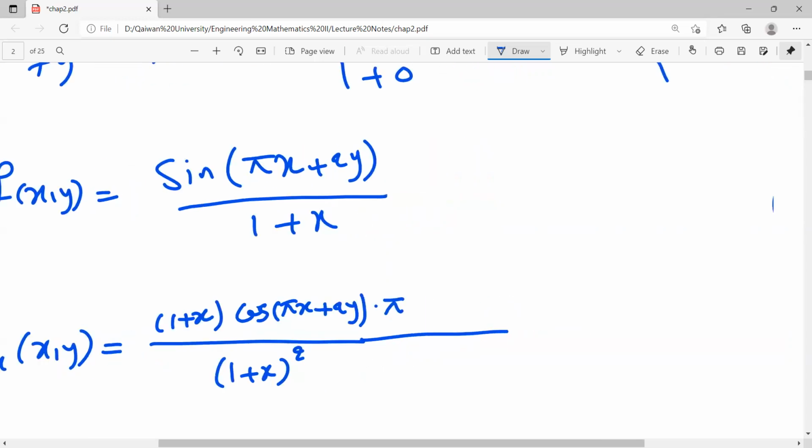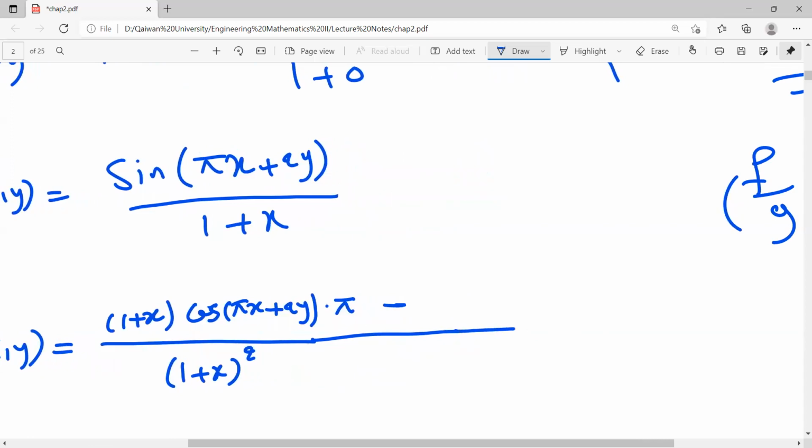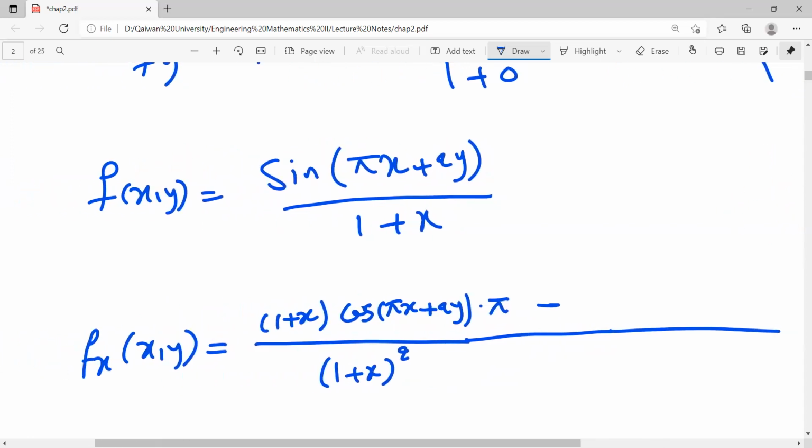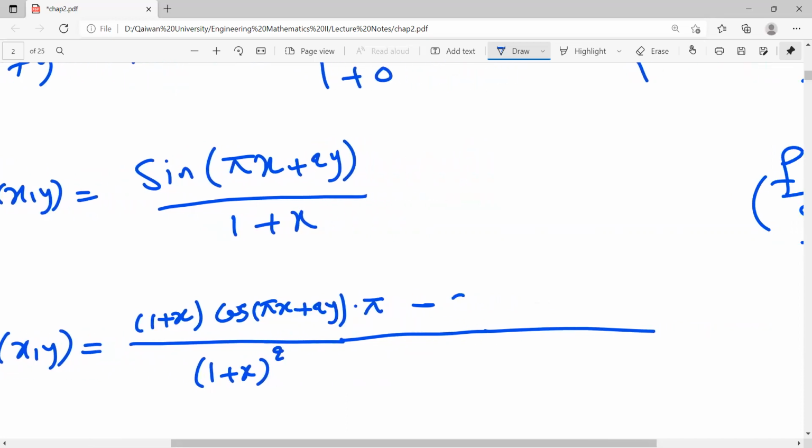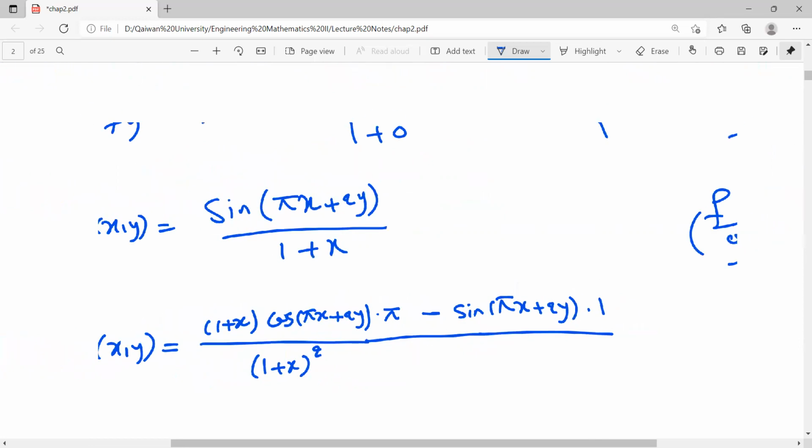Okay, then minus numerator, sine(pi x plus 2y), times the derivative of the denominator with respect to x. This term becomes 0 and this term becomes 1, multiplying by 1. So this is the derivative.